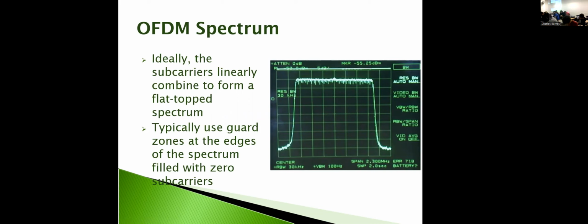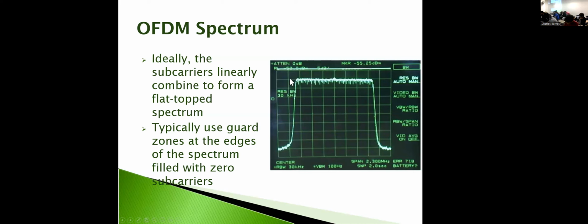I'm sorry, I'm drawing on my wrong screen here with my mouse. So this is all the different subcarriers, and at the edges we would use a guard band and just fill those with zero subcarriers. So we might be using a 1024 point FFT, but maybe we're only filling 600 or 800 of those carriers with actual data.